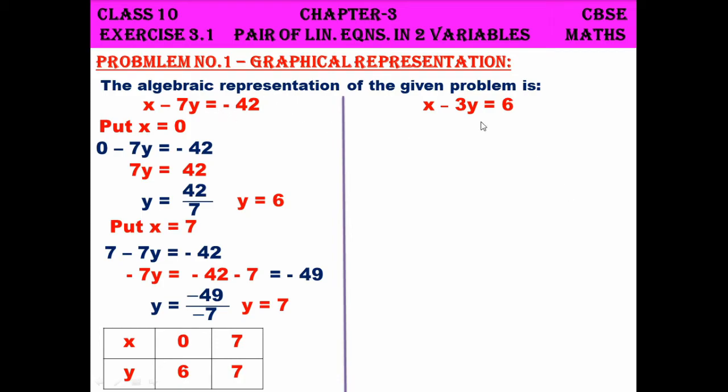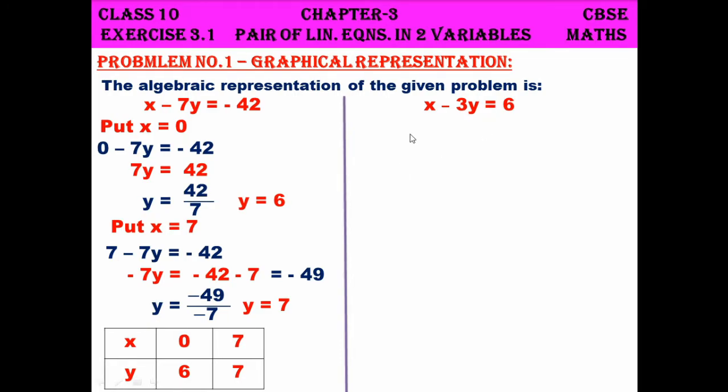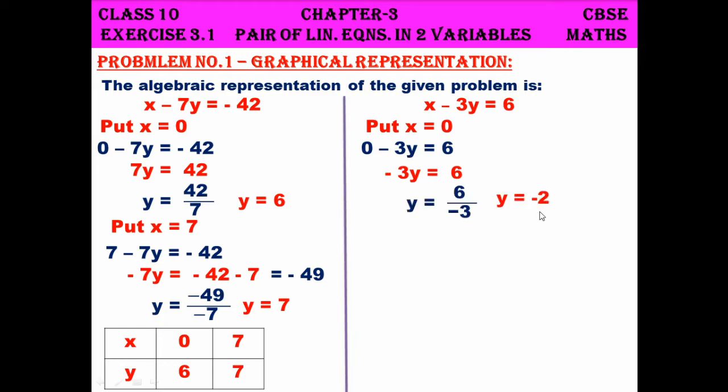Now similarly, we'll find the points for the second equation. Let me substitute x equals 0 first, so that I get 0 minus 3y equals 6. That gives me minus 3y equals 6, which on simplification gives y equals minus 2. So the first coordinate point is (0, minus 2). Next, let me substitute y equals 0, so that I get directly x equals 6.